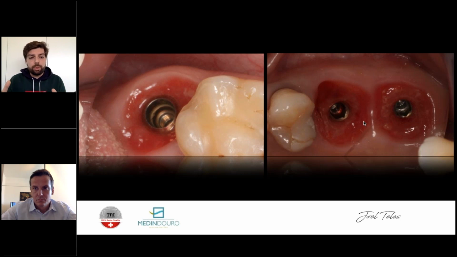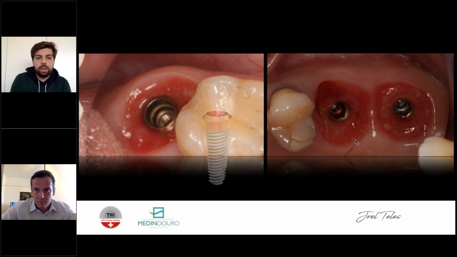Even though the volume might be preserved, the anatomy is not the same. It lacks information to keep in the same place, and that information is given by the customized healing abutment. That is why you can get to this result with just one surgery, okay? If you're doing two, it's not the same. You have to reset the biology to create the emergence profile.